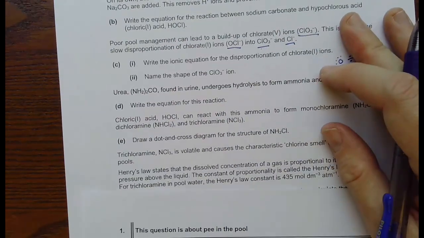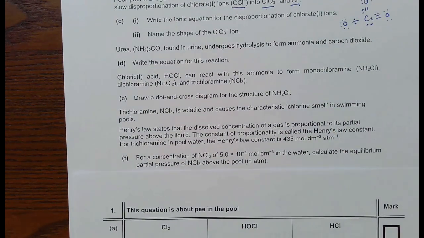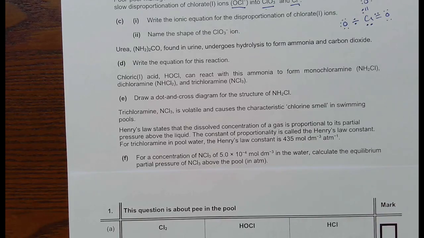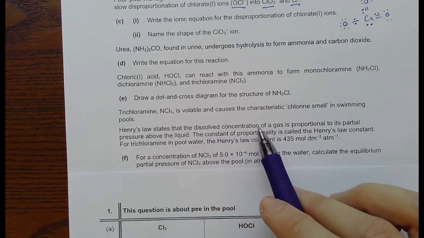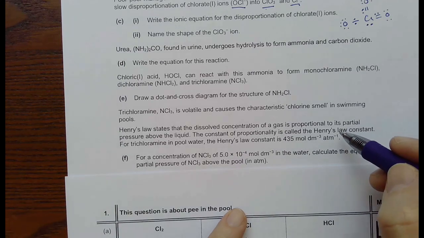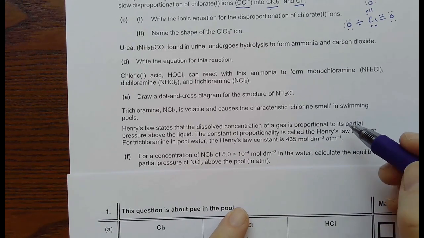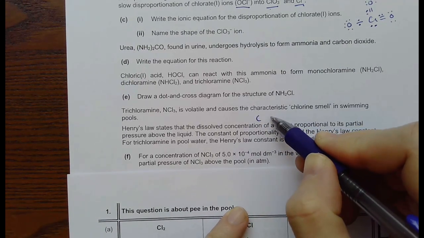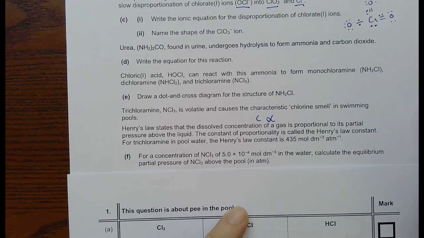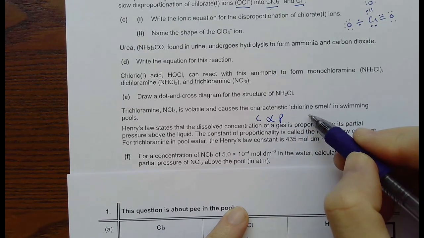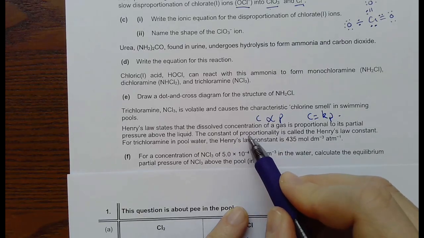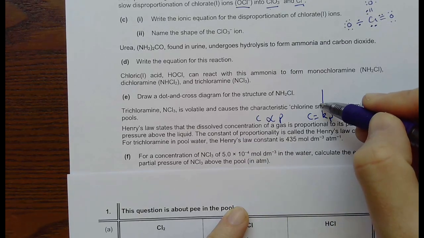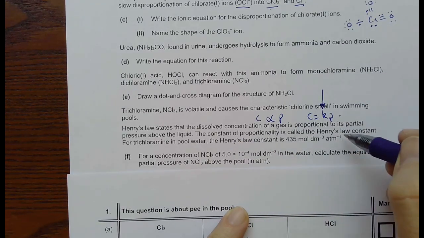And then trichloroamine, NCl3, is volatile. Henry's law states that the dissolved concentration of a gas is proportional to its partial pressure above the liquid. So the concentration is proportional to the pressure. So C equals Kp. And we're told that the constant of proportionality, K, is the Henry's law constant.